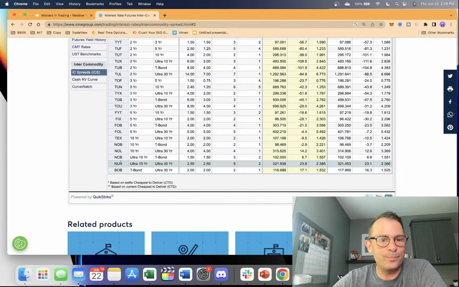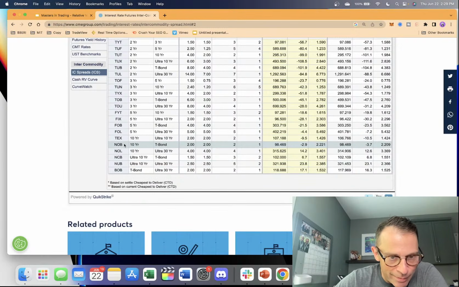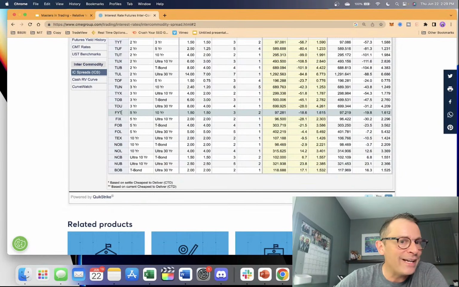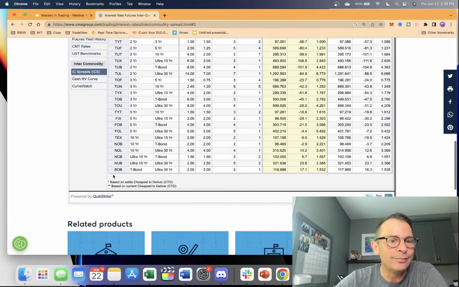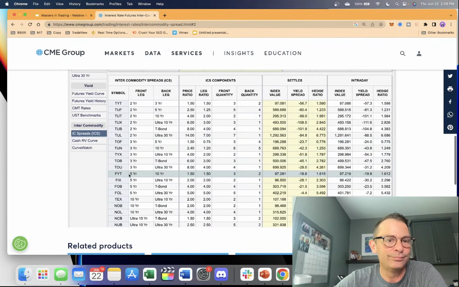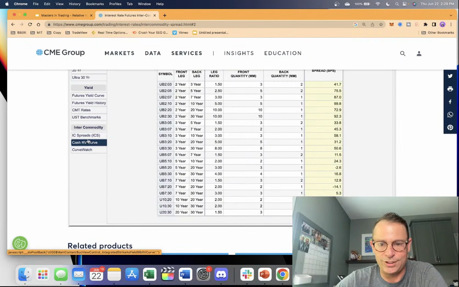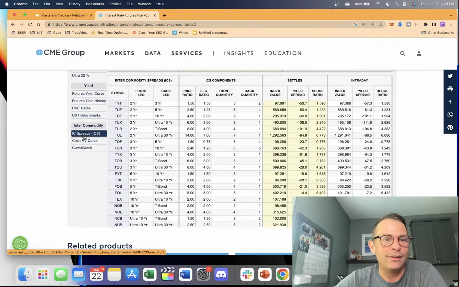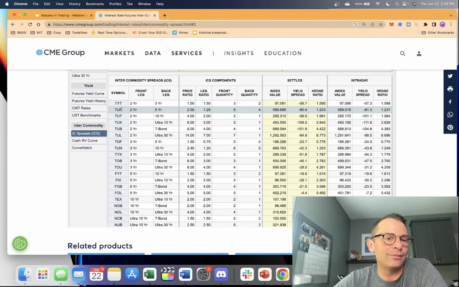So it'd be like this, the nub and the knob. Maybe not. But FYT, yeah, sometimes it's maybe a different ratio where we'll see Bob and the bub. So yeah, you'll see two different, I mean, all they are really is it's just made up.